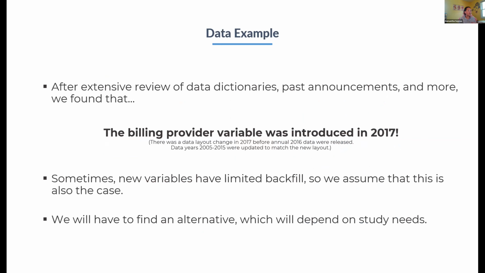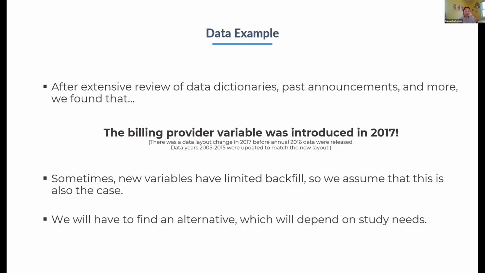And this was something that I had looked into actually, and it was an extensive review of data dictionaries, past announcements, et cetera, et cetera. And ultimately what it boiled down to is that this particular variable was introduced in 2017. So the data layout changed in 2017, which is when 2016 annual data are typically released.